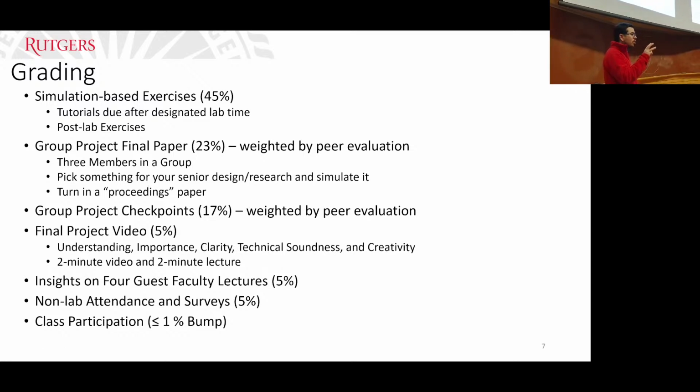I don't know if the number of students we have is going to be divisible by 3, but we're going to hold to this as much as possible. So it's 3 people in a group. In another iteration of this class, every person does their own project. But here we're going to do 3 in a group.